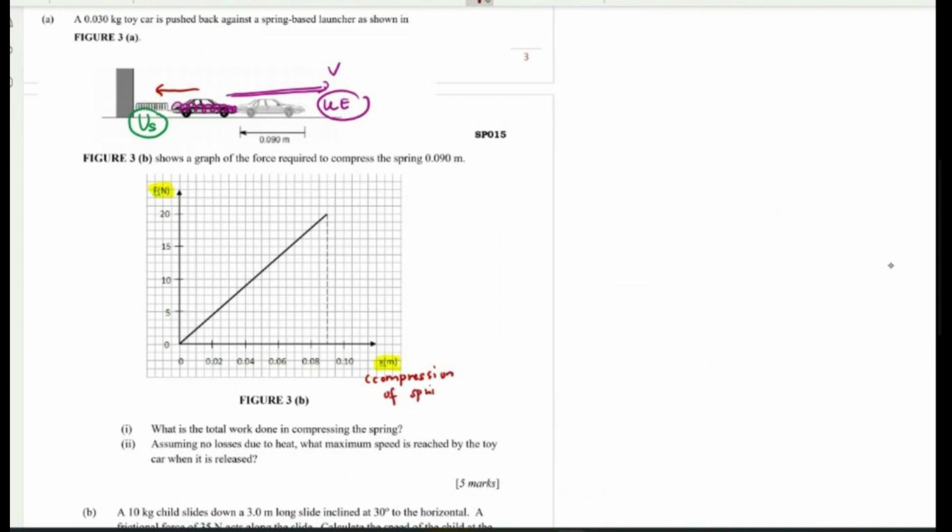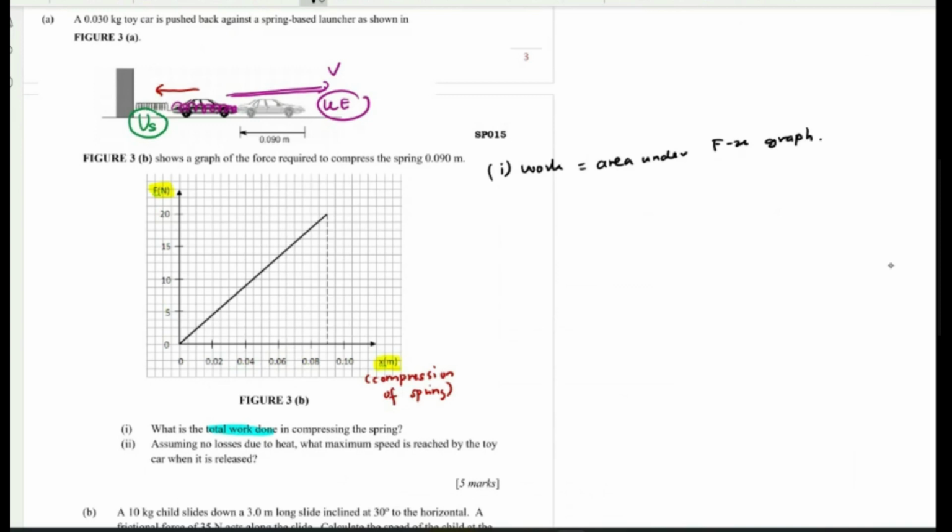Okay, actually we can calculate the total work done to compress the spring. Question number 1. So you can calculate the area under the F-x graph.